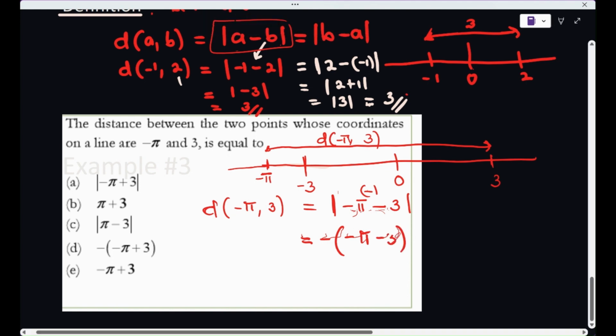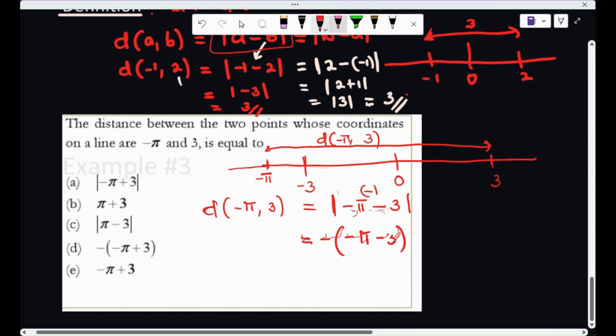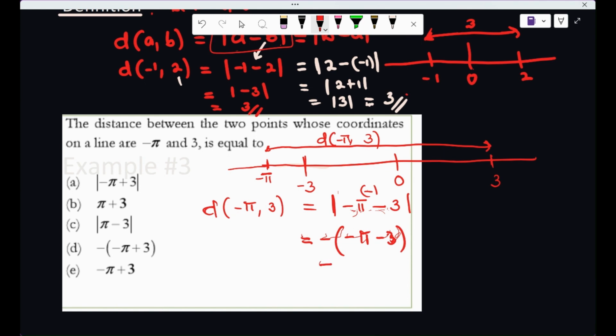What is the final answer? Minus becomes plus pi, then minus becomes plus 3. So the final answer will be pi plus 3. It's the final answer. And that is B.